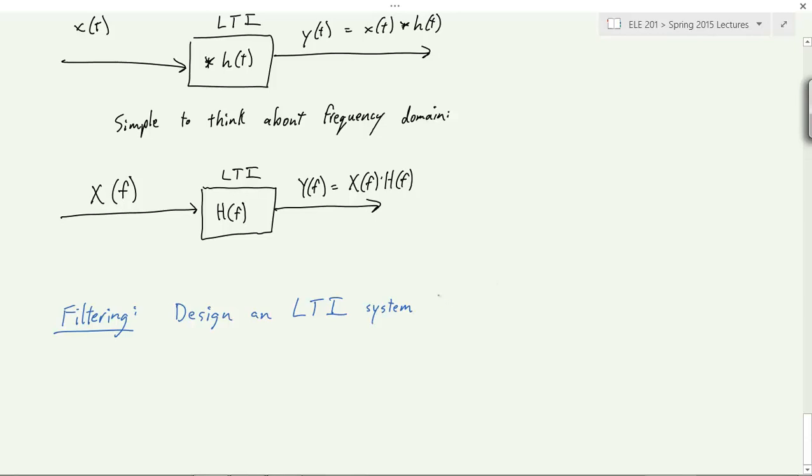So design the system H to have some desired effect on the frequency domain. The filter behavior will be best interpreted in the frequency domain.